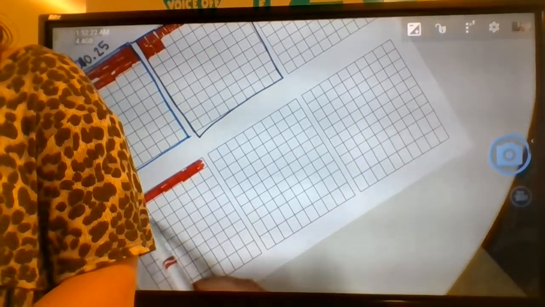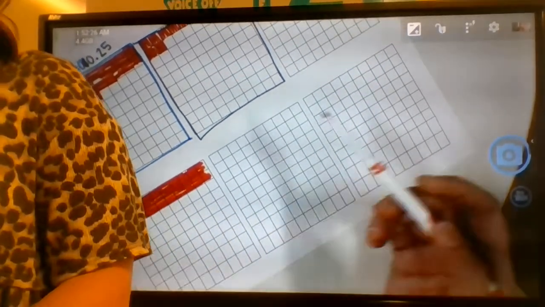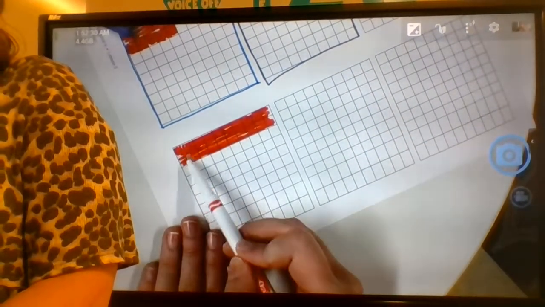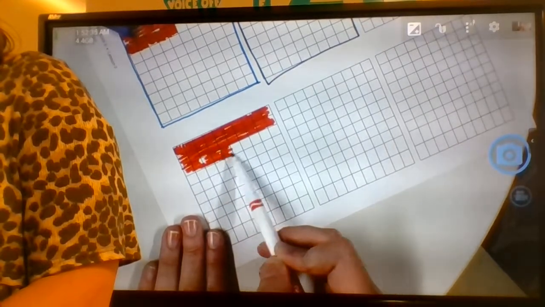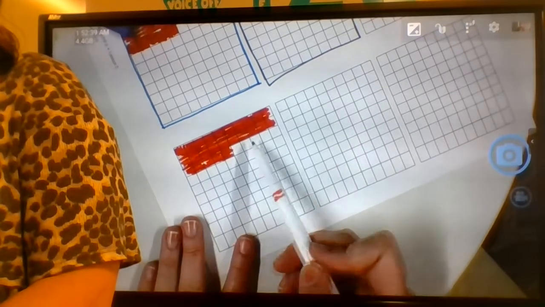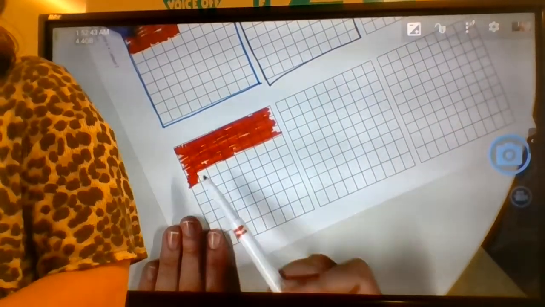We know another row is 10. Let's make it easy on ourselves and just color it. Okay. So now that's 10, 20. So now I've got to do 1, 2, 3, 4, and 5. And that's my quarter. So I got to do another 5 for my nickel, and I've got to do 1 for my penny.